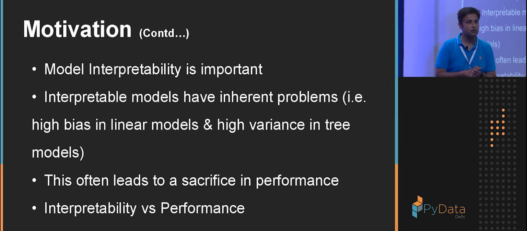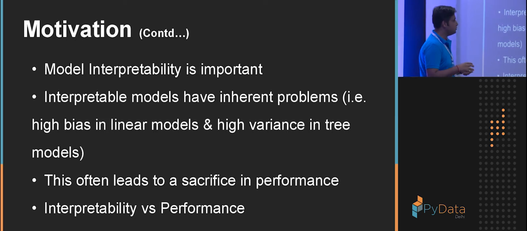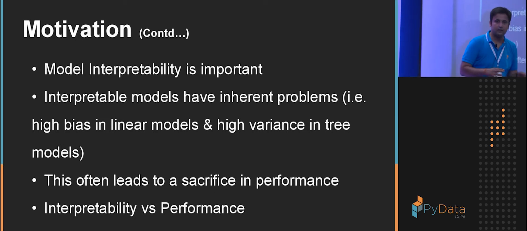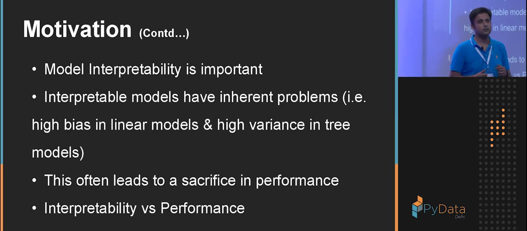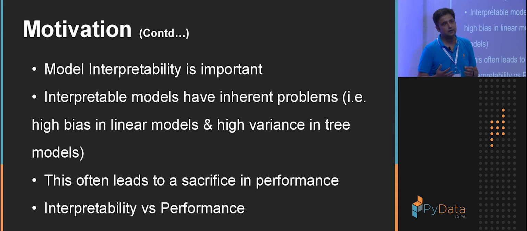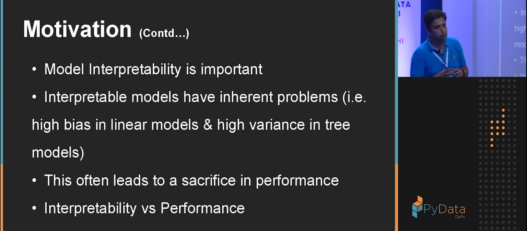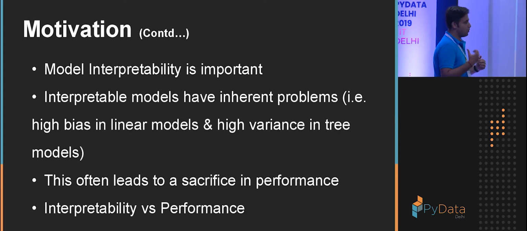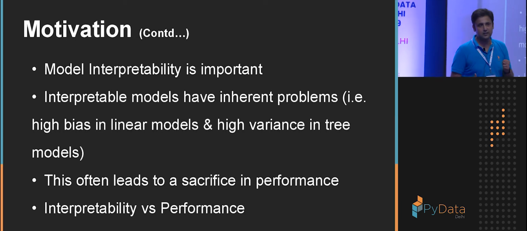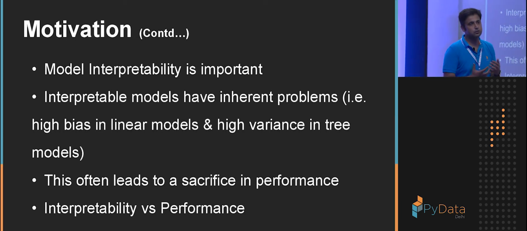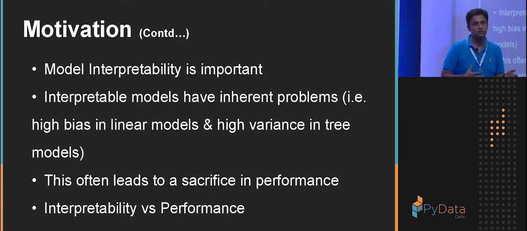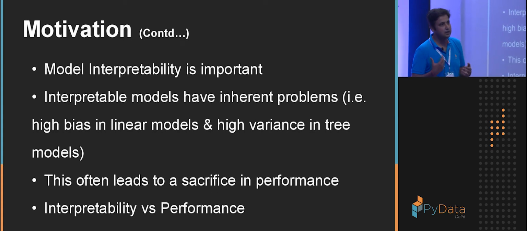If we use tree-based models, then we have high variance if we try to tune them too much. So the point is, in different models we make certain assumptions and have certain restrictions as well. So inherent problems with the models are there, and we need to choose one of the models, or maybe many of them, to make a business work.